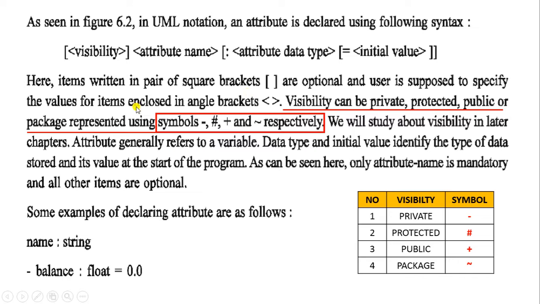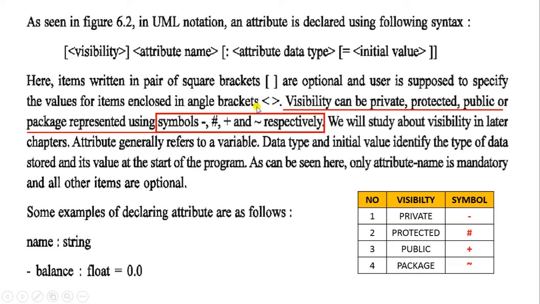Whatever is written in square brackets is optional, and the user is supposed to specify the value for items enclosed in angle brackets. Whatever value has to be mentioned by the user is written in angle brackets, and the square brackets are optional.